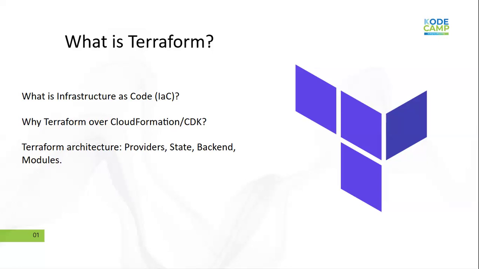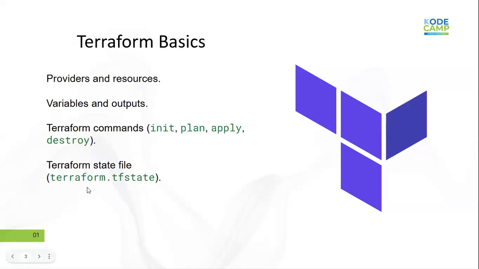All right. So, in Terraform architecture, there are Terraform providers, Terraform states, Terraform backend, and Terraform modules, which we will talk about in the following sections. So there's Terraform basics. When we talk about Terraform basics, we talk about providers and resources.